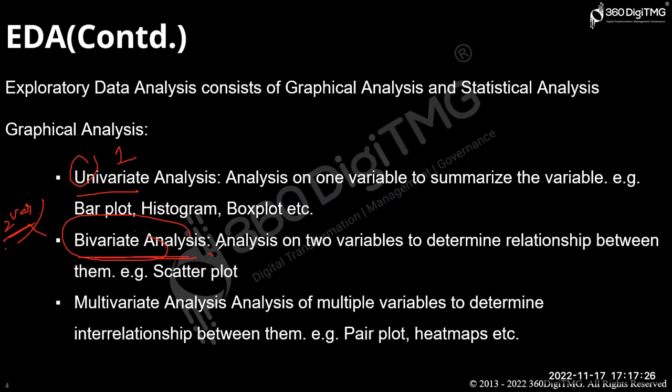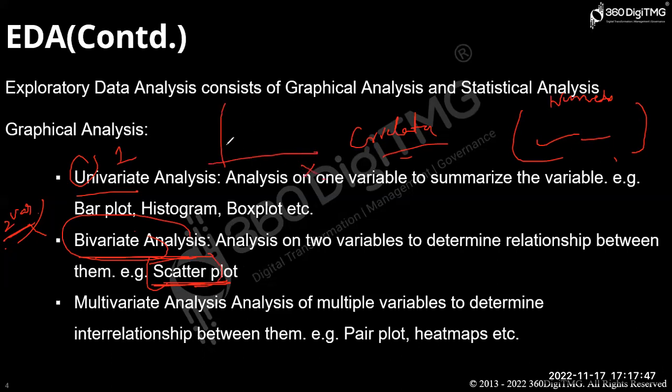In order to find out the correlation, how two variables, numerical or continuous, are related, we will be having the scatter plot. In that, one variable we take on the x-axis and one more variable on the y-axis, and then we find out the relation between those, how correlated those are.